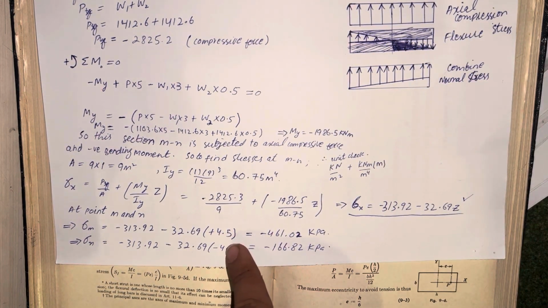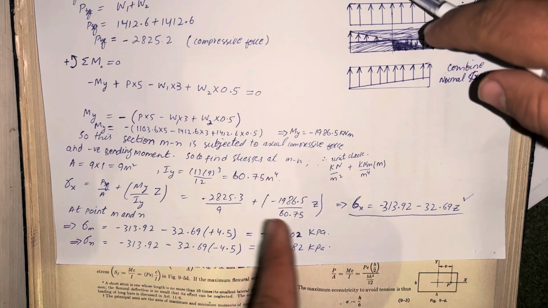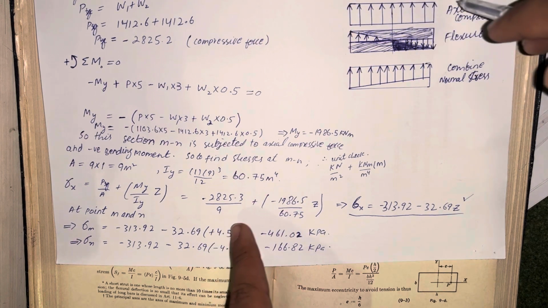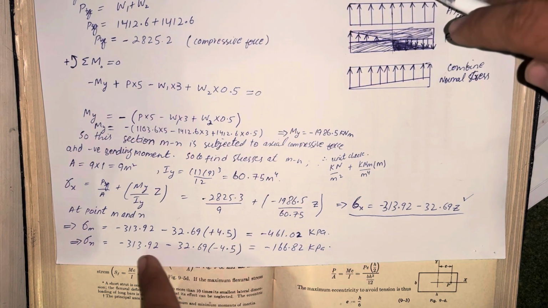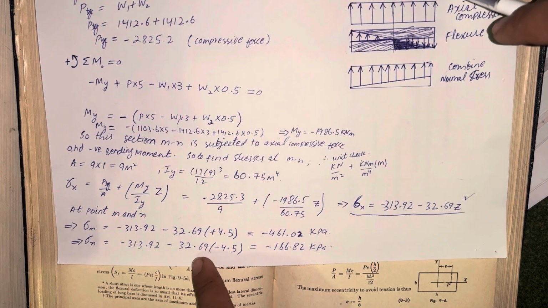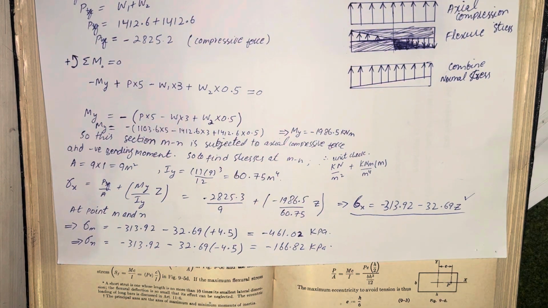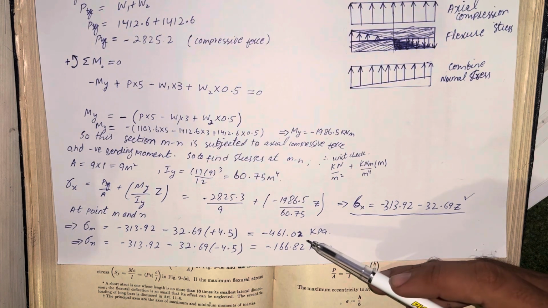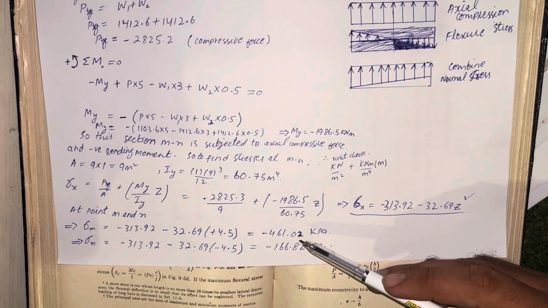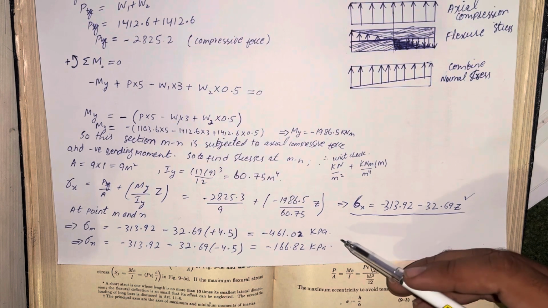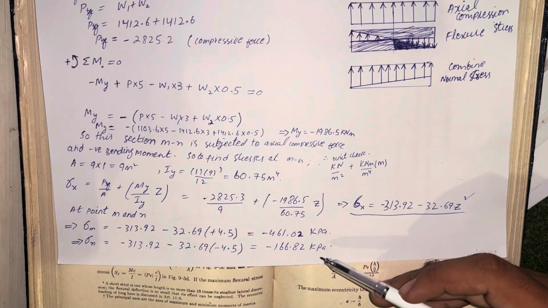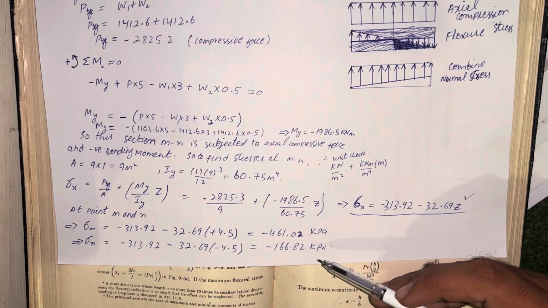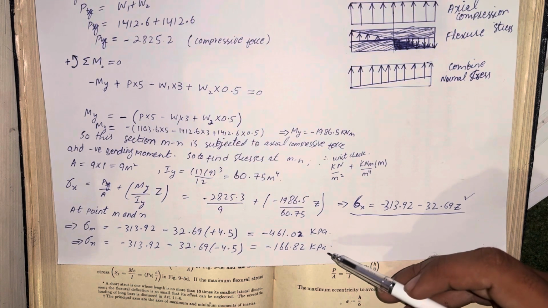We can also say that M is to the left side of the neutral axis and N to the right side, so here it's plus 4.5 and at section N it will become minus 4.5. If we look at these values, at section M the stresses come out as minus 461 kilopascal, and at section N the stresses come out as minus 166.82 kilopascal.